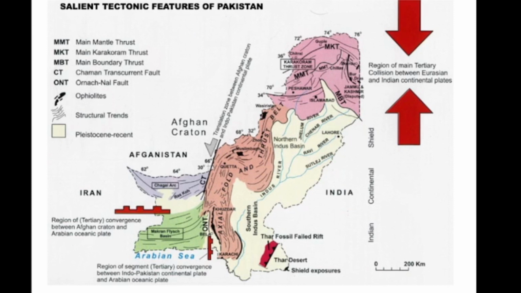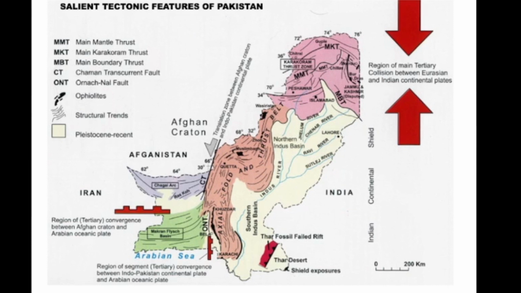Then we have the Main Mantle Thrust, Main Karakoram Thrust, Main Boundary Thrust, Chaman transform fault and other national faults and ophiolites. These were the active zones from the very south, the Arabian Sea, to the north of Pakistan and the Indian plate, which are the active zones on the surface.